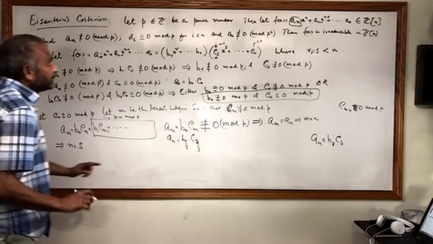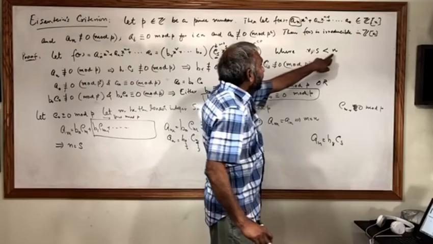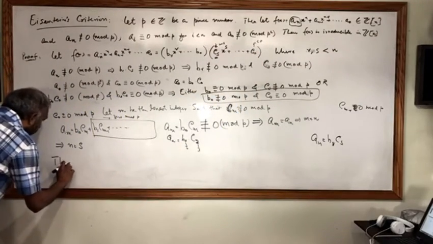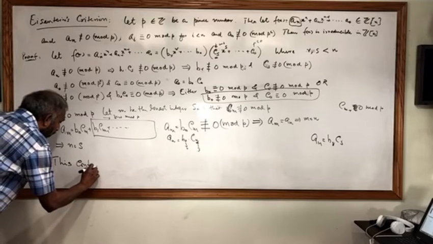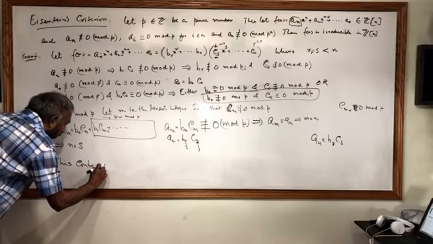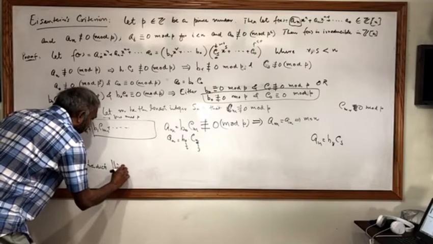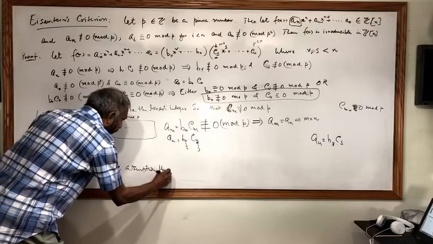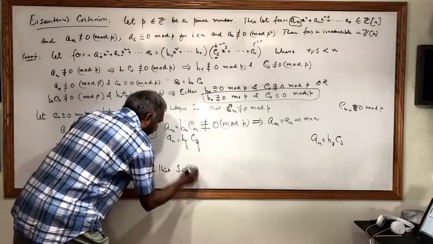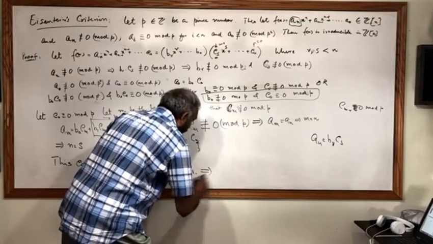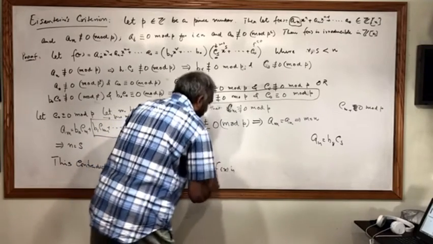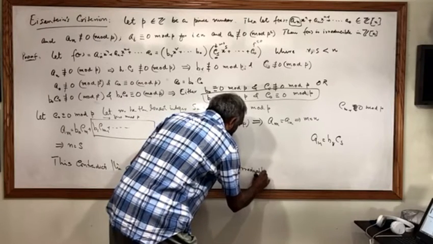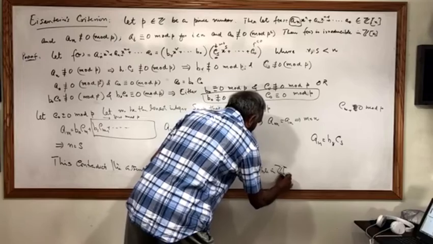And that is actually contradicting the fact that s is less than n. So this contradicts the assumption that s is strictly less than n, and that implies f of x is irreducible in F[x].